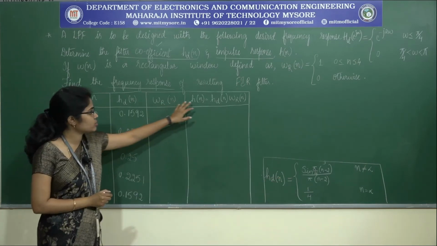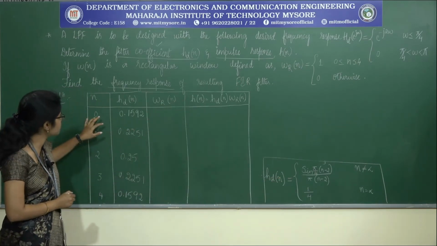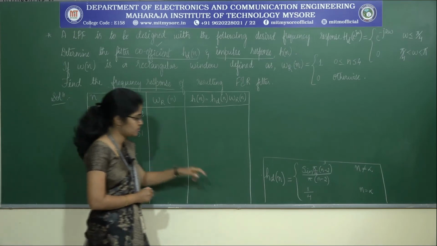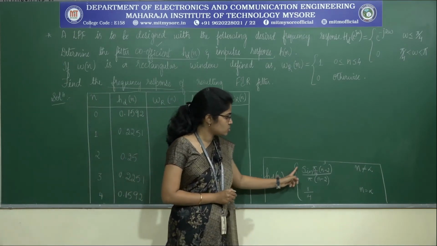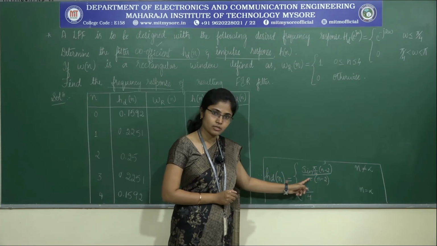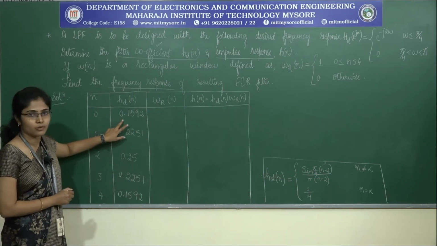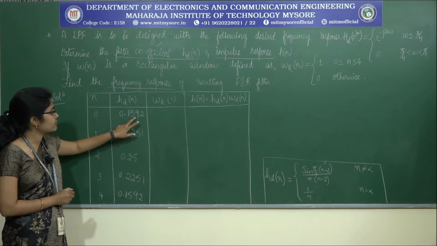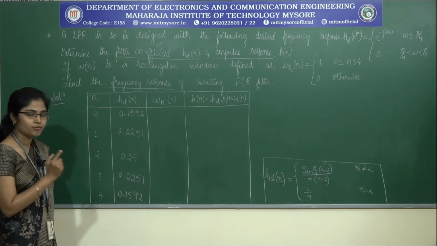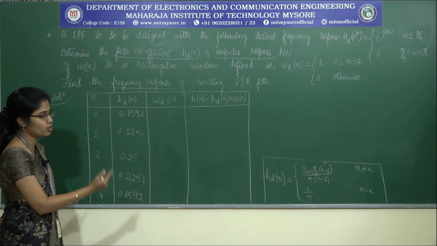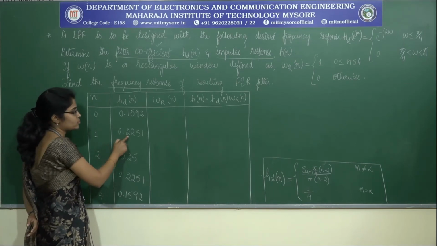In order to find out h of n, we created this table, and have substituted the value of n as 0 in this expression. So if we simplify by keeping the calculator in radians mode, HD of 0 will be equal to 0.1592. Similarly, if the value of n is equal to 1, HD of 1 will be equal to 0.2251.